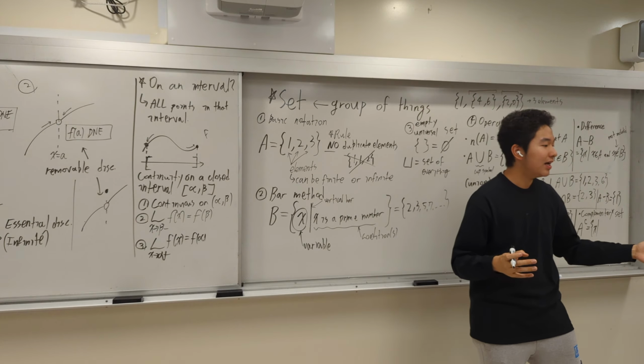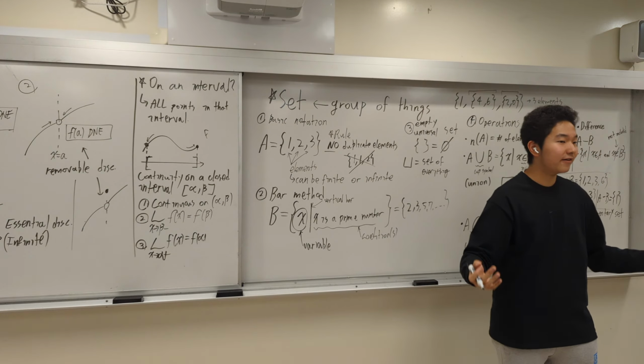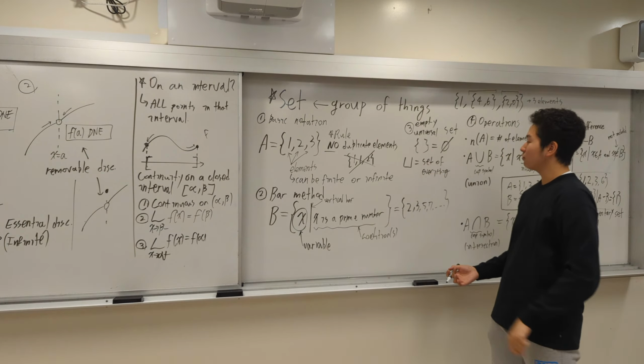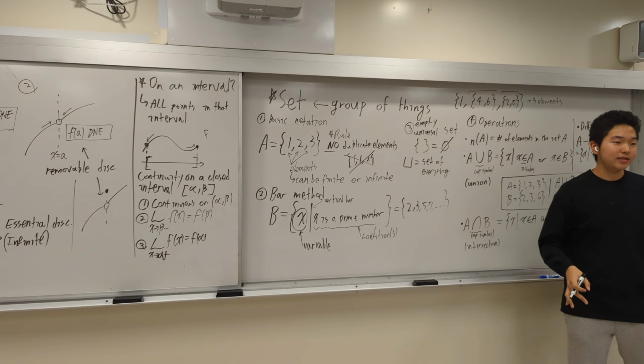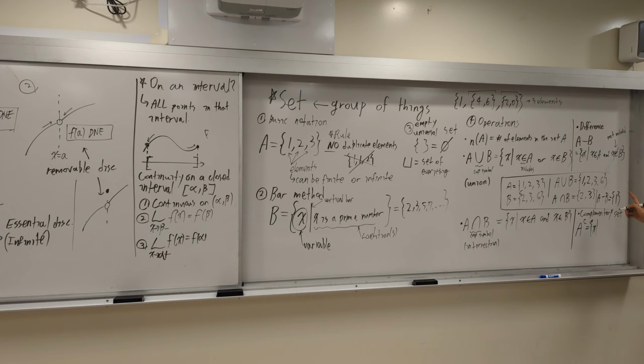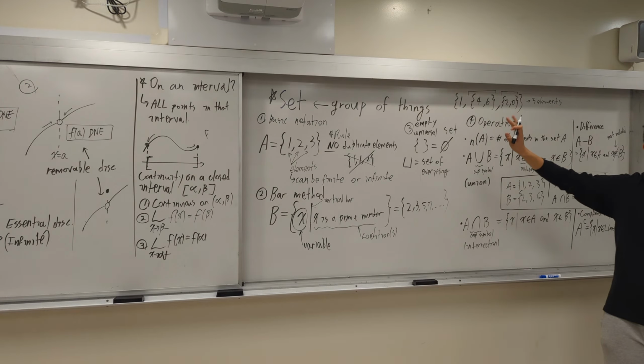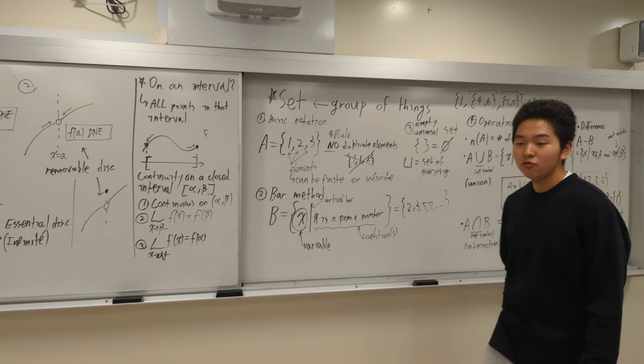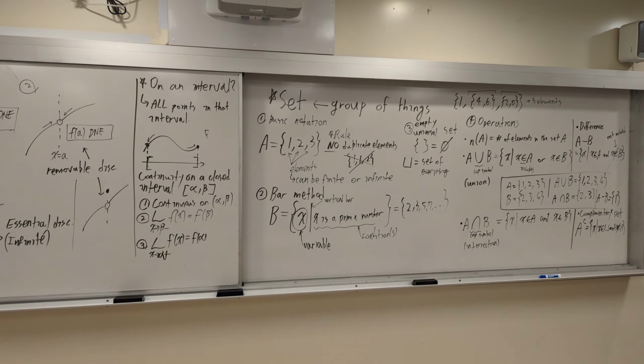If you're talking about the possibilities of the outcome of a game, then the universal set would represent every single possibility of that game. Okay, so the complementary set is anything that's included in the universal set and anything that is not included in set A. So anything outside of set A would be A complementary.